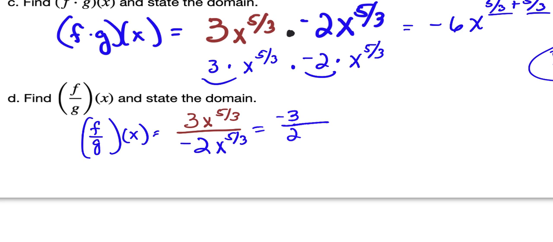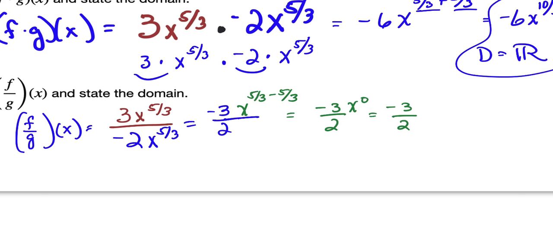I'm going to write that as negative 3 over 2, same thing. But then it's x to the, and the rule is subtract exponents for division. So that's negative 3 over 2, and that would be x to the 0 power, which is just 1.